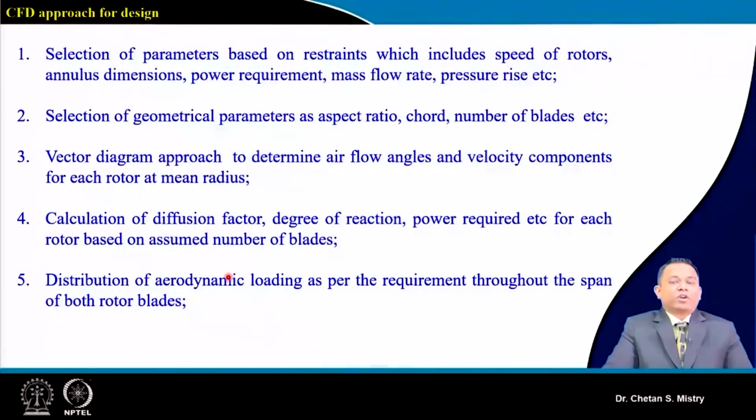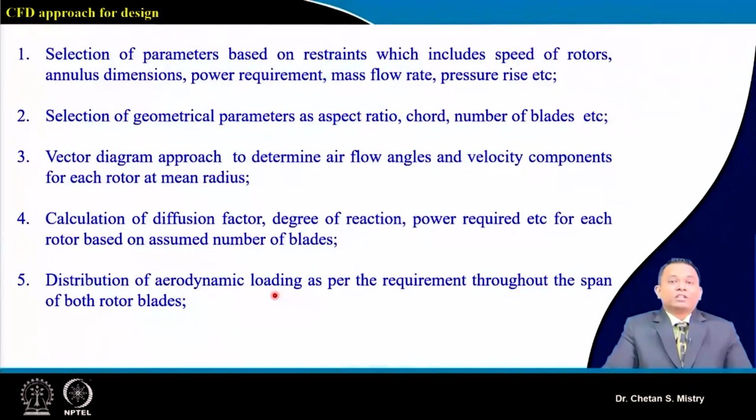Then we moved on with the mean line design. The vector diagram approach was used for determination of flow angles and different velocity components at the mean radius for both the rotors. We calculated parameters we learned about, like diffusion factor, degree of reaction and power, based on the number of blades selected, with distribution of aerodynamic loading as per the requirement throughout the span for both the rotors.